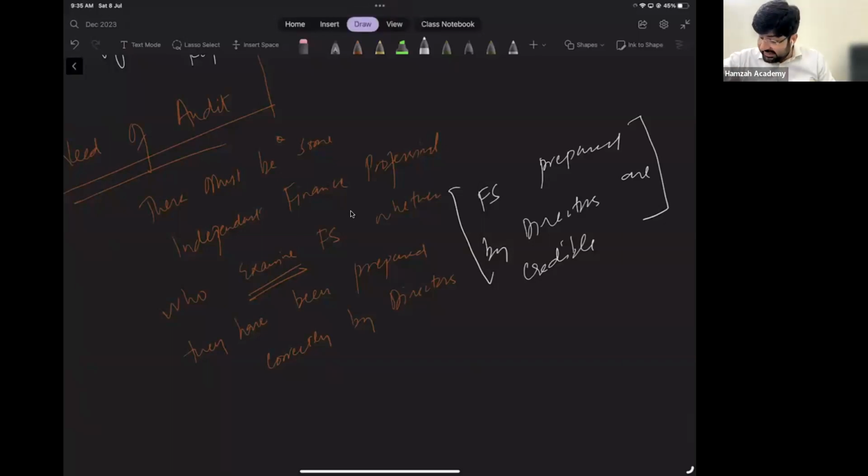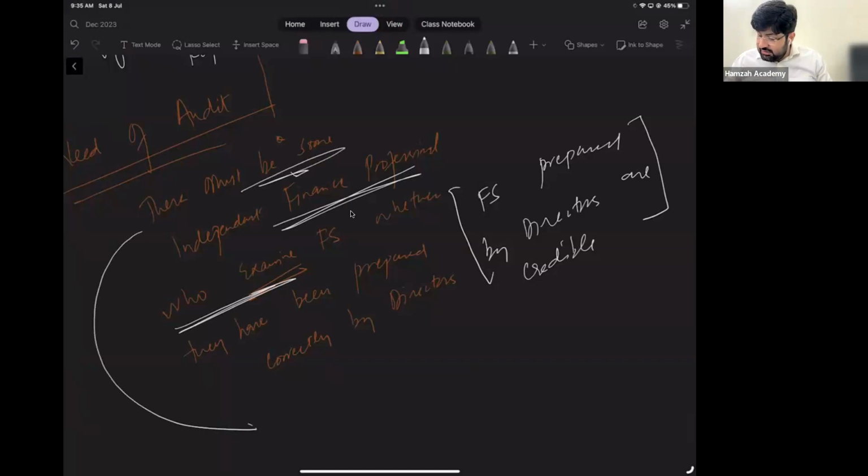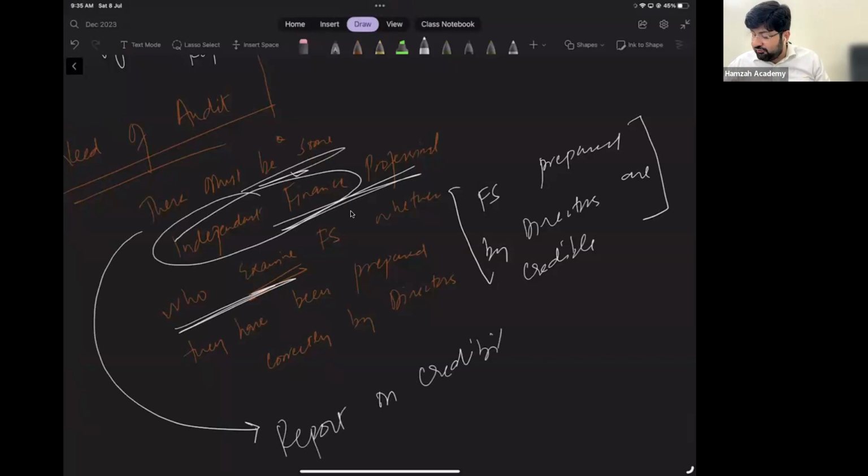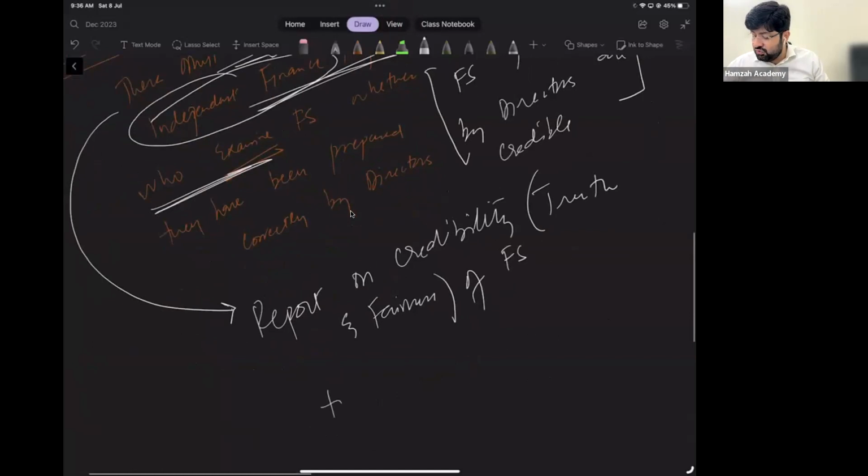They have to check, examine, and then that professional should report on credibility, truth and fairness of financial statements to shareholders.